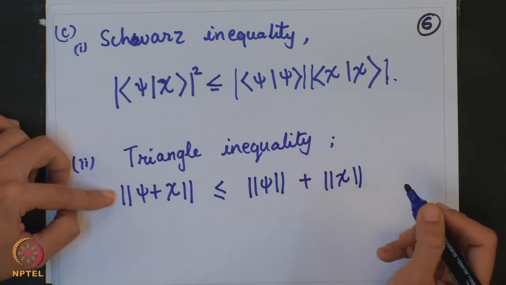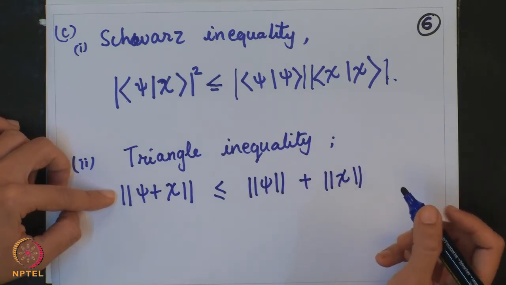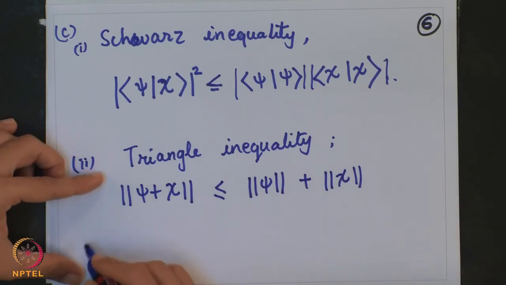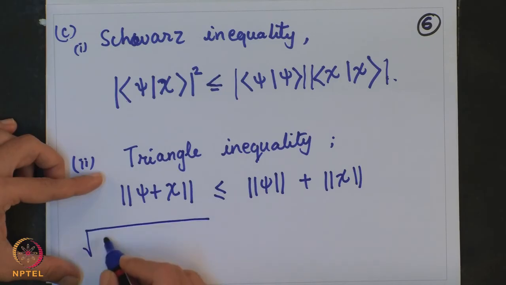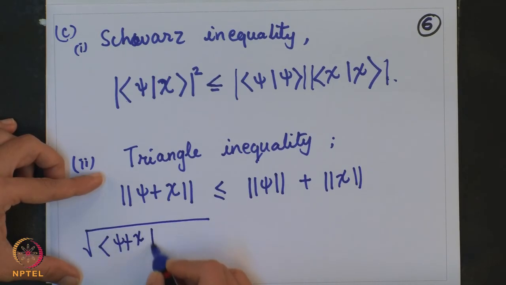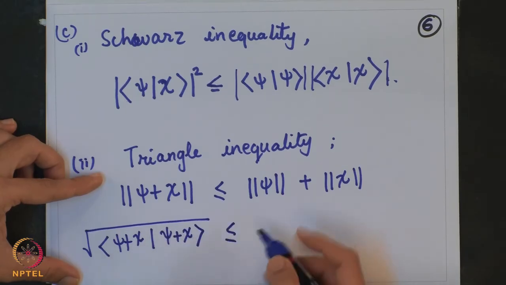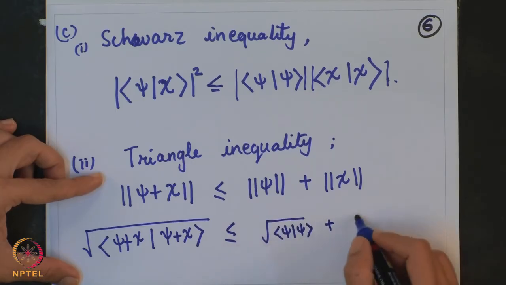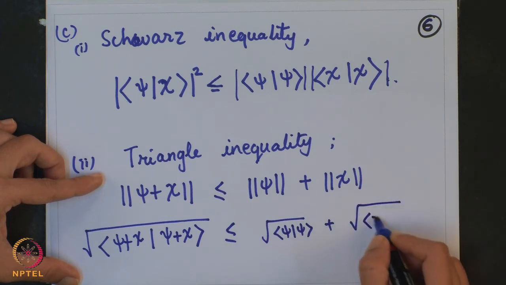This is the triangle inequality we have seen last time. In the last tutorial we have proved this. Here it would be the square root of psi plus chi, psi plus chi, less than or equal to the square root of psi plus the square root of chi.